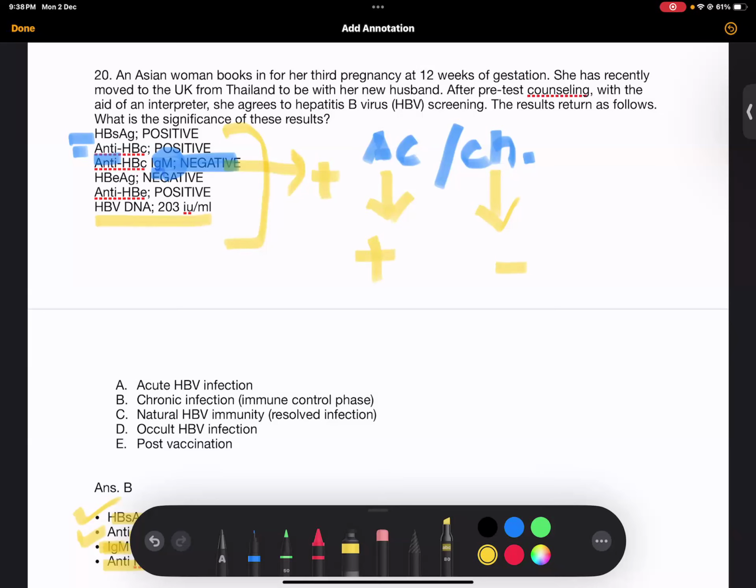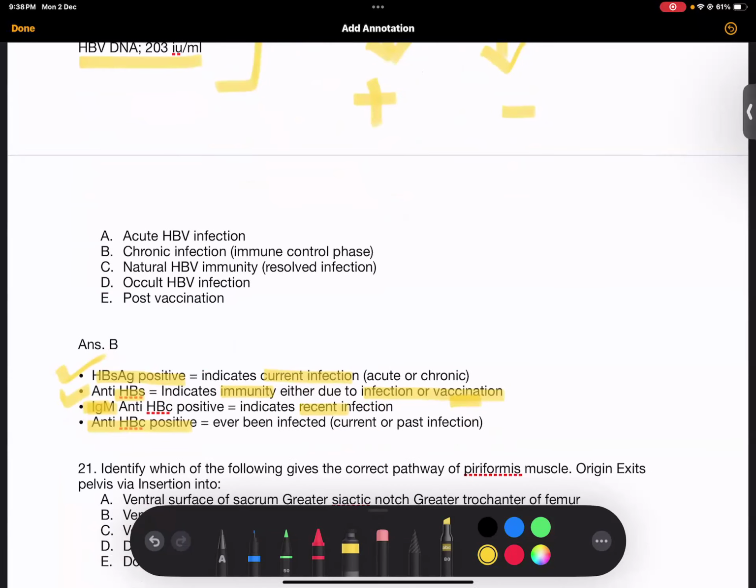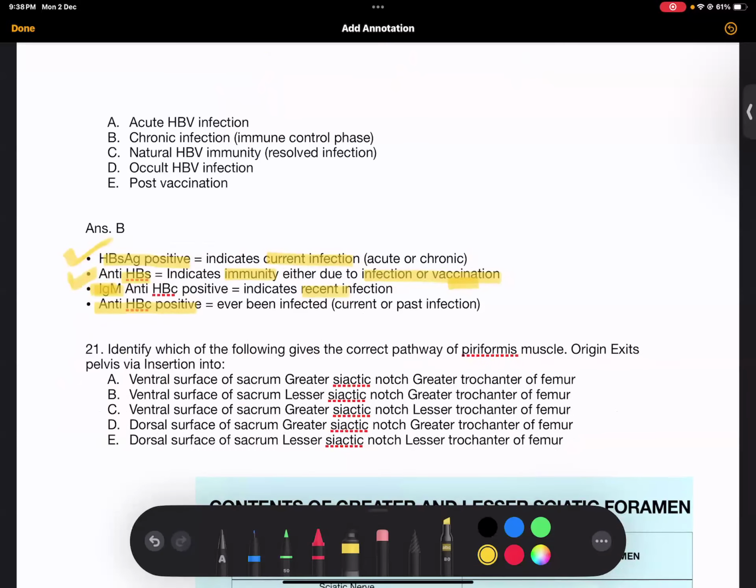So acute and chronic, and the second one would be immune due to infection or immune due to vaccination. Now immunity will be shown by anti-HBs being positive. And you differentiate between these two things, either due to infection or vaccination, by looking at anti-HBC. So both antibodies show your immunity status.